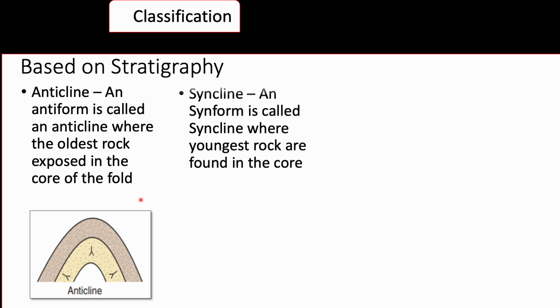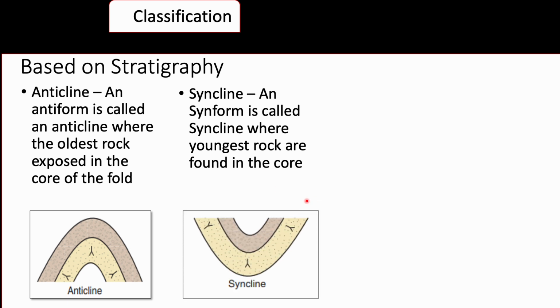as an anticline. Next we have syncline, and the fold is called a syncline where the youngest rocks are found in the core. It means if we have younger rock in the core compared to the outer, then we call this type of fold a syncline.